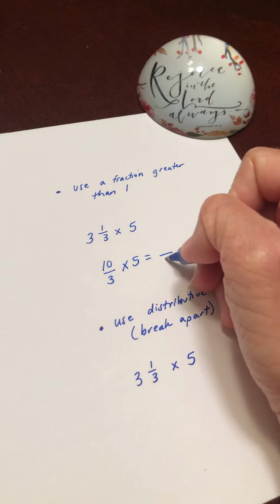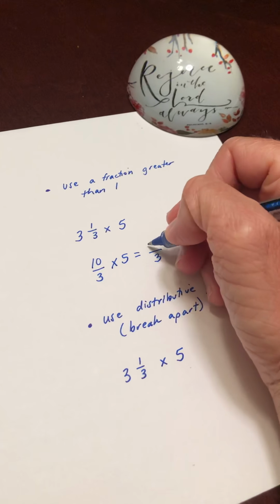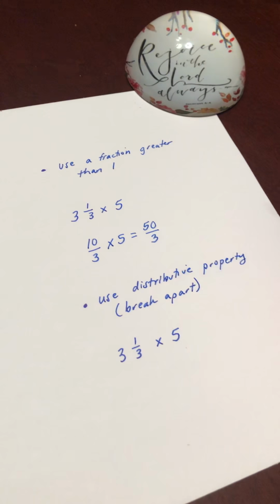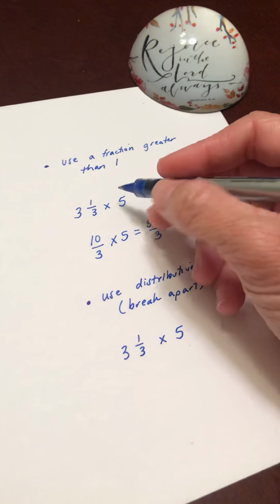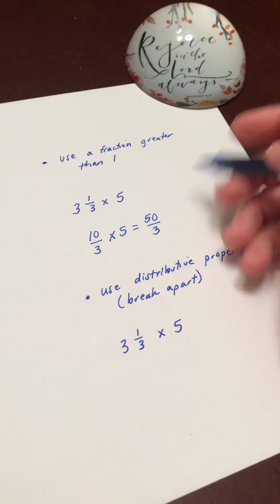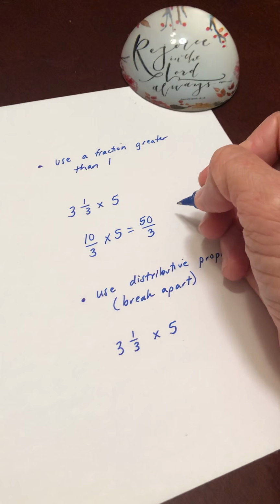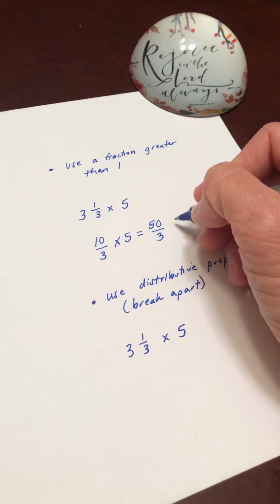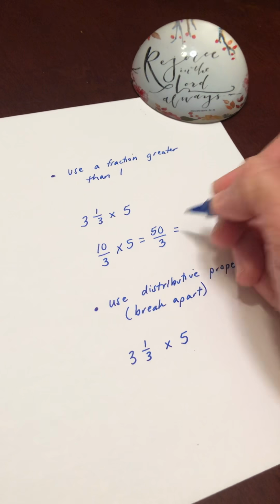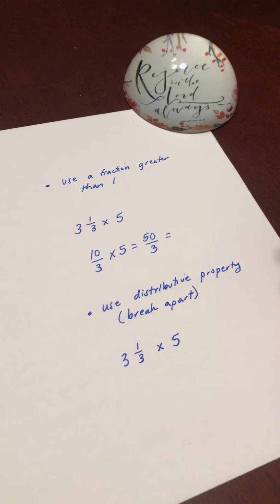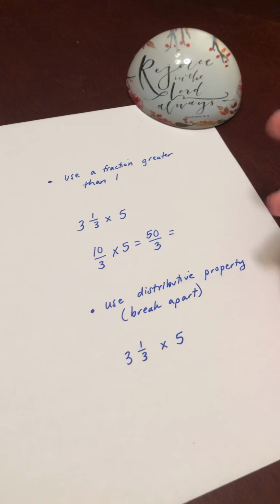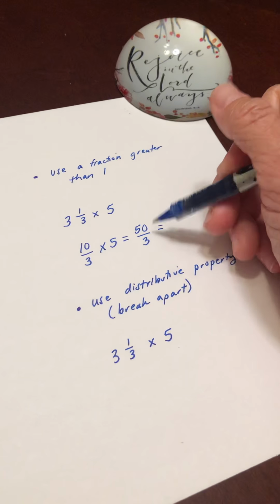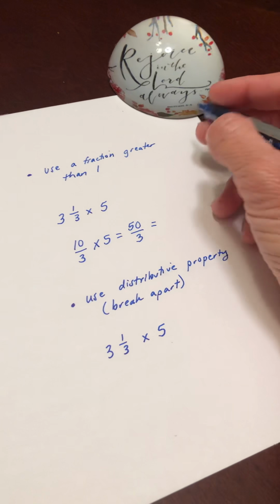Okay, so we just said we're going to leave our denominator the same and multiply this. The problem comes in is that now I need to fix this back to a mixed number because my problem was presented as a mixed number. I want to get my answer that way too. So now students have to be able to divide. 50 divided by 3, that's a little bit more work. Not impossible, but then you're having to go back into, can I do long division if that's not something I can skip count my way through.